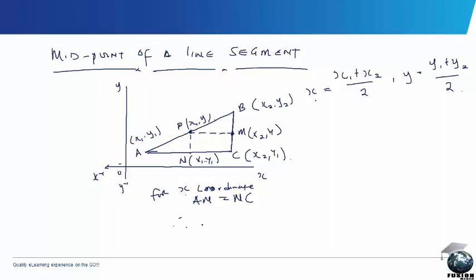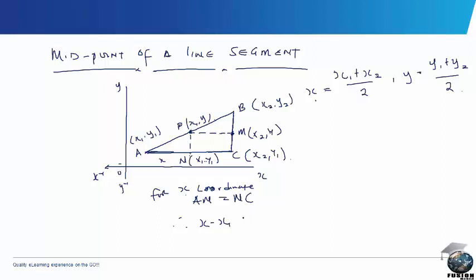All we are saying here is that AN is the same thing as x minus x1, because the whole of this line is x, and to obtain AN we have to subtract x1 from x.